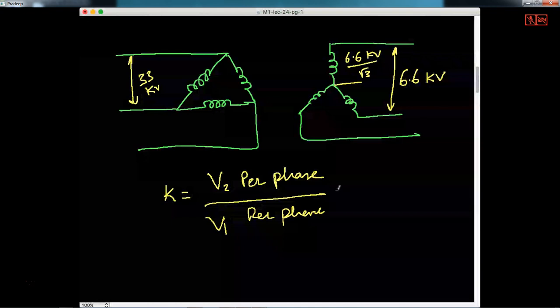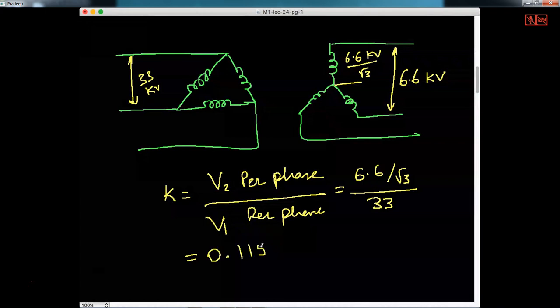Let's use the calculator and find out what this value is. 6.6 divided by root 3, again divided by 33. I am getting 0.1155. So let's use this as our K. That is the first step in our problem.